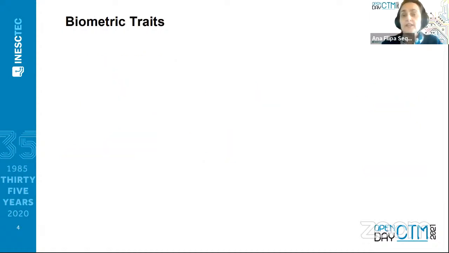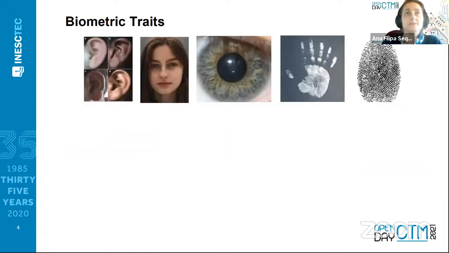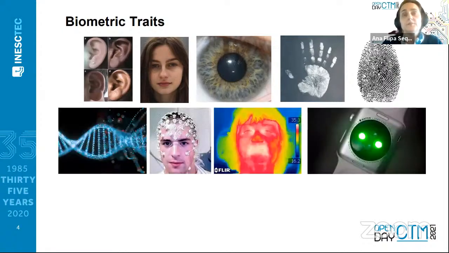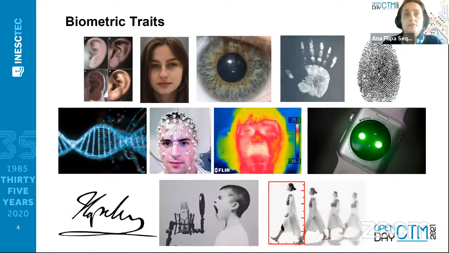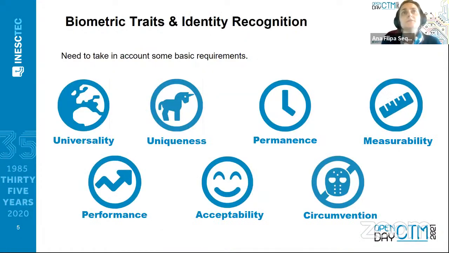In fact, we can use several biometric traits. We can have a set of anatomical traits, physiological traits, or behavioral traits. We only have here a few examples, but these traits need to take into account some basic requirements.